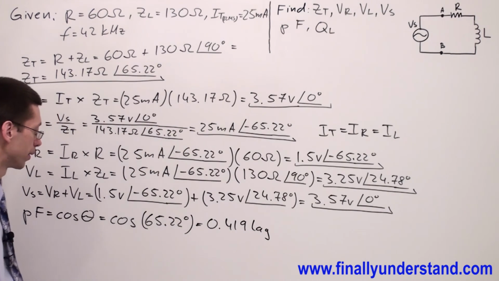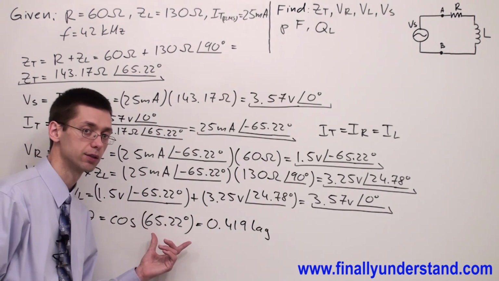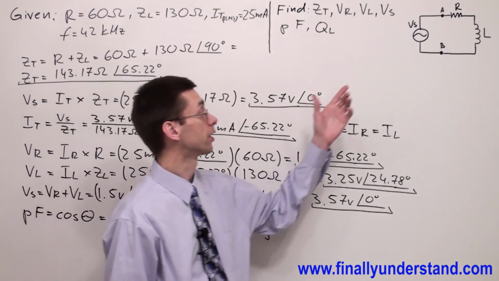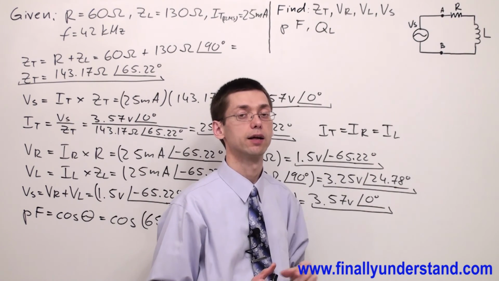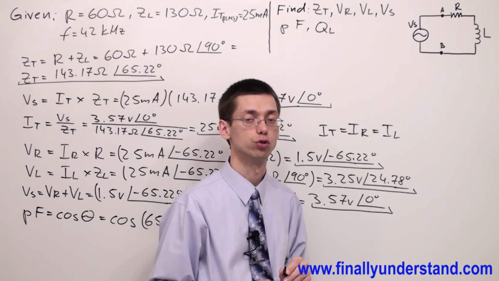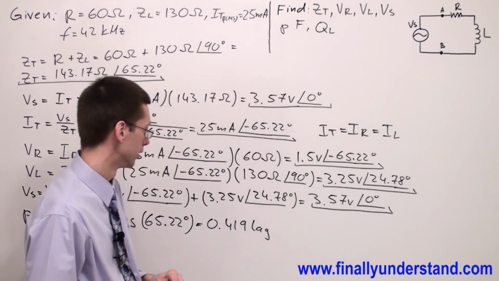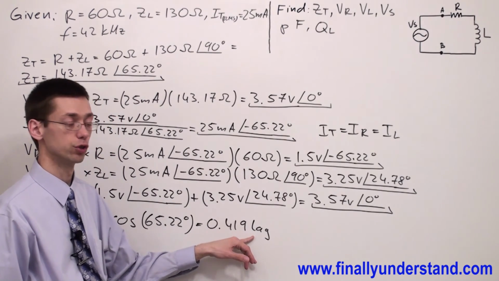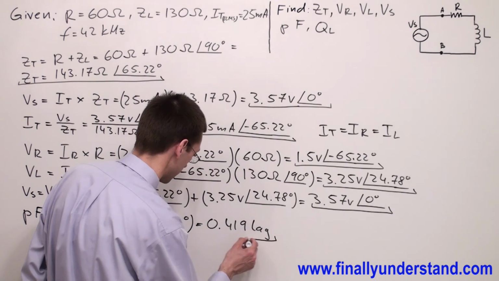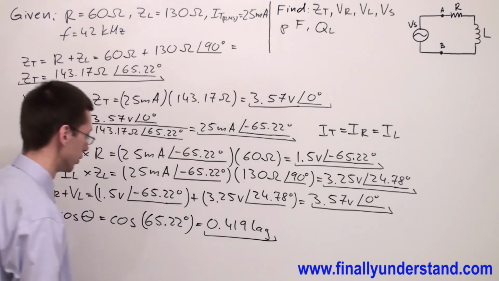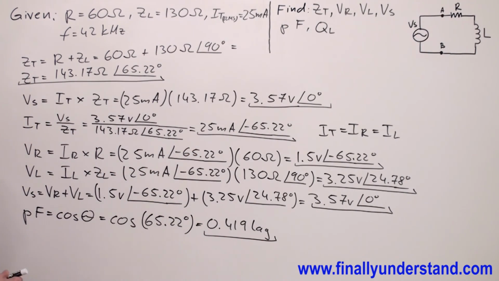Why lag? Because my angle is positive and because I'm dealing with the RL circuit. In the RL circuit, the current is going to always lag the voltage source. That's why I'm supposed to use the word lag next to the value of the power factor.